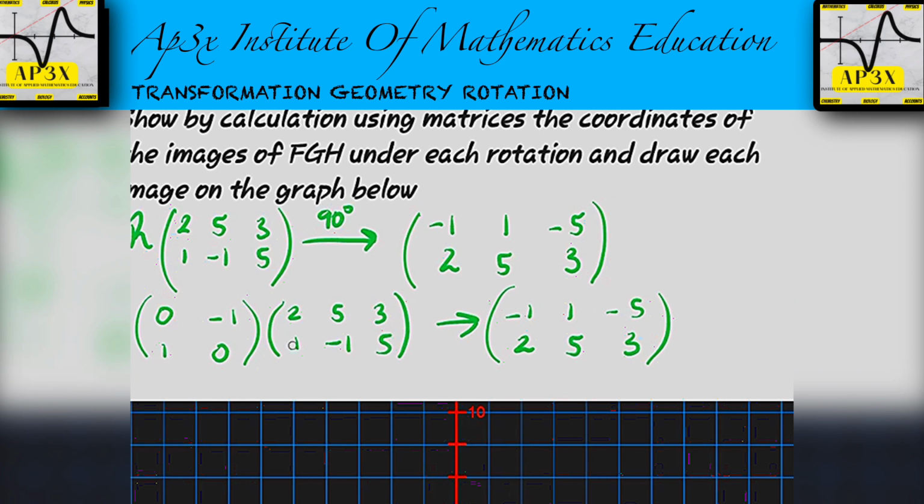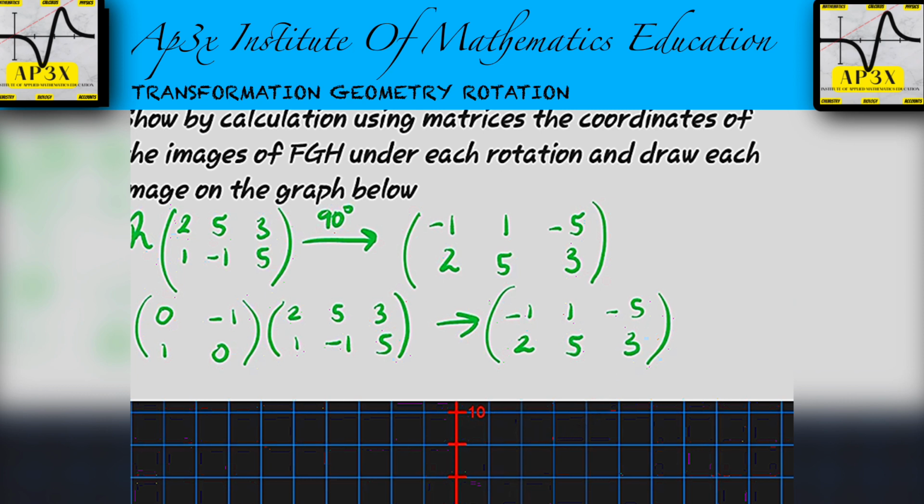And 1 times 2 is 2, plus 0 times 1 is 0, so 2 plus 0 is 2. 1 times 5 is 5, plus 0 times negative 1 is 0, so 5 plus 0 is 5. Again, 1 times 3 is 3, plus 0 times 5 is 0. 3 plus 0 is 3.